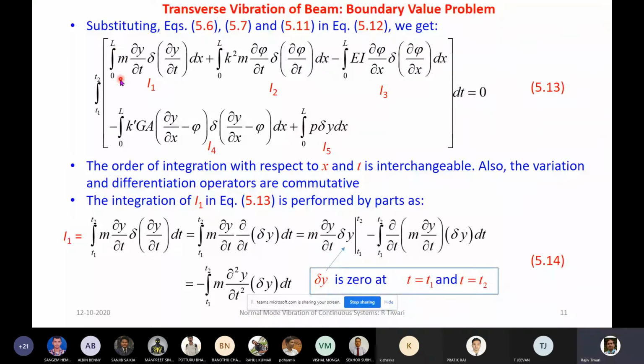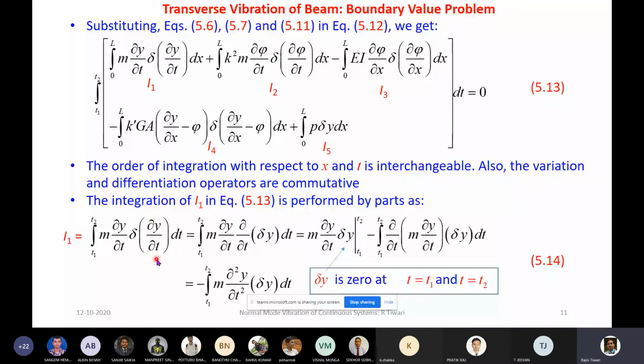Wherever double integration is there, double integration will come, or if single integration is there, single integration will come. Here I1 is basically a double integration, but the inside is integration with respect to time, because we need to do the integration by parts of this term with respect to time.